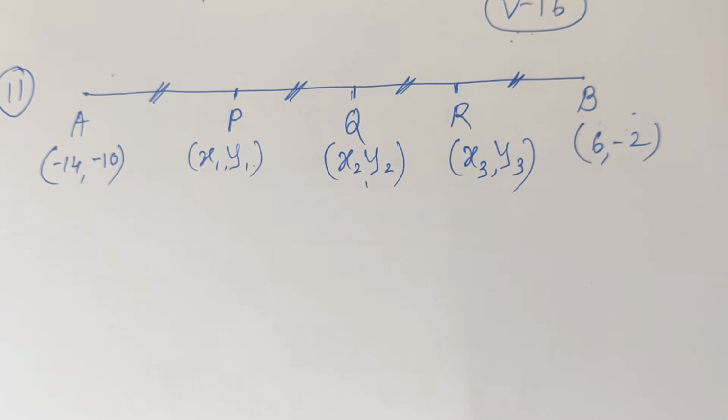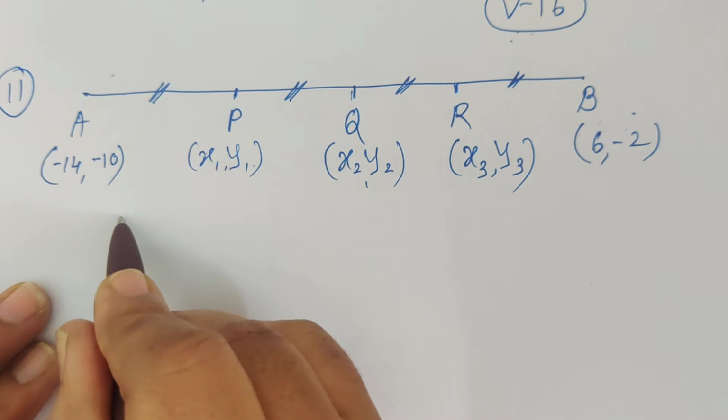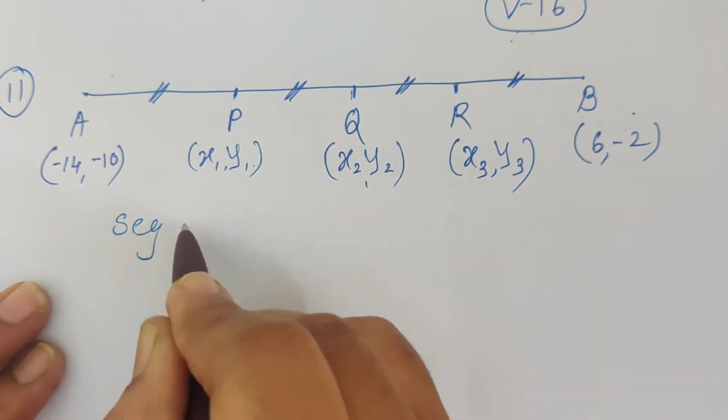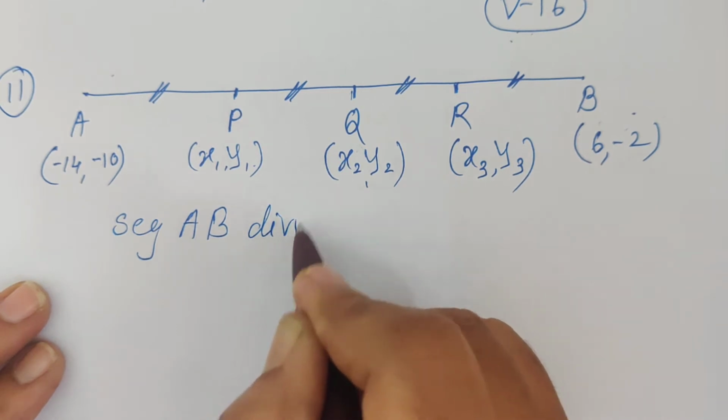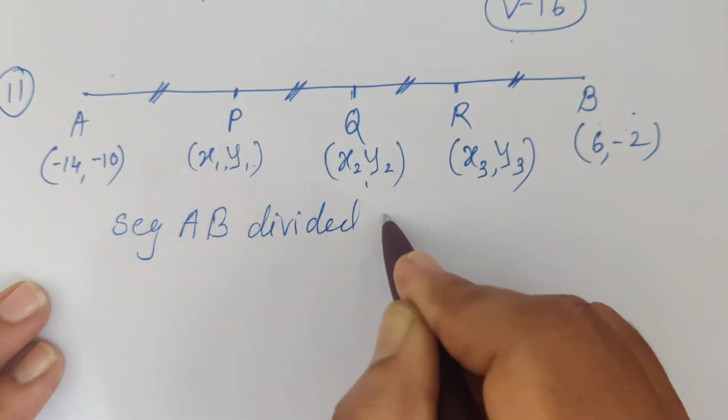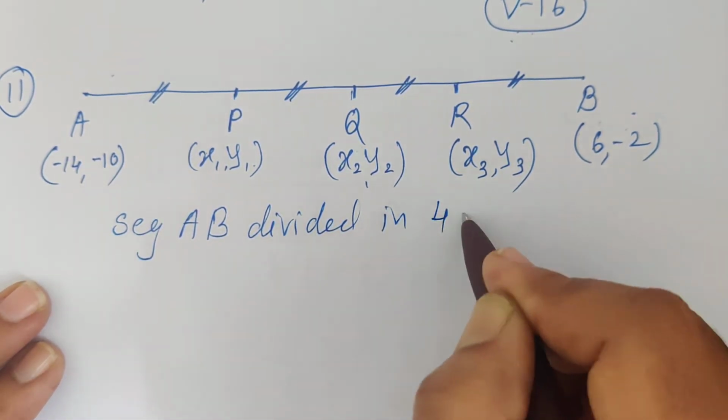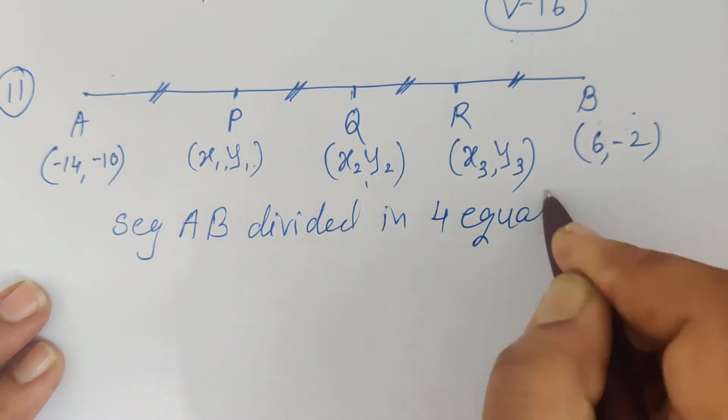So let us see now how we will do. So here segment AB is divided into 4 equal parts.